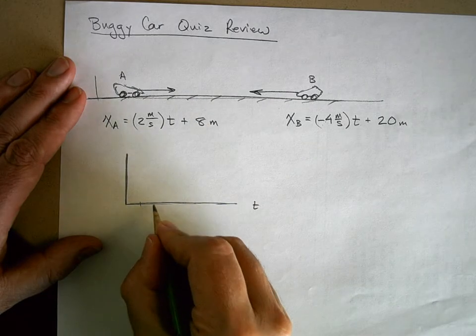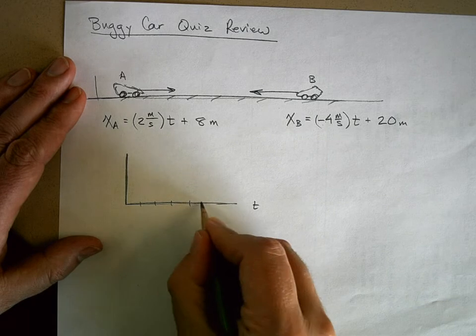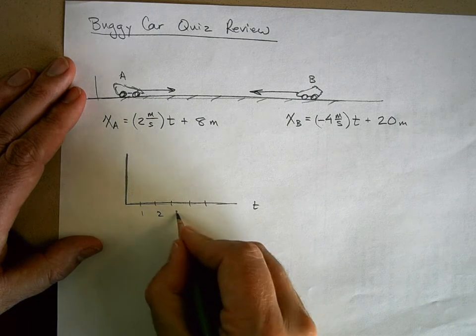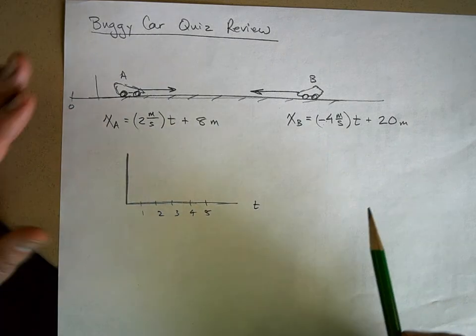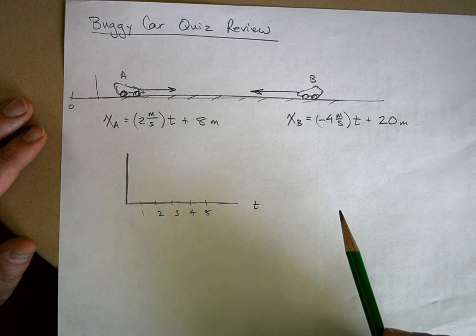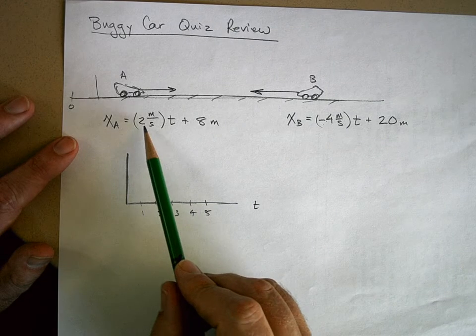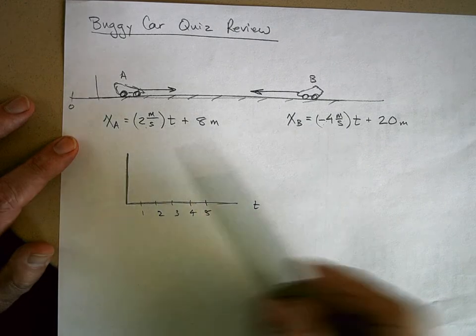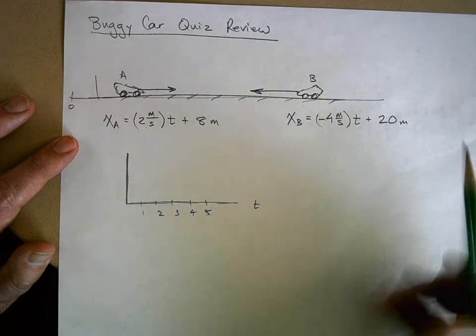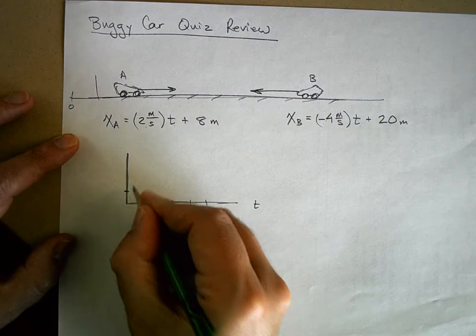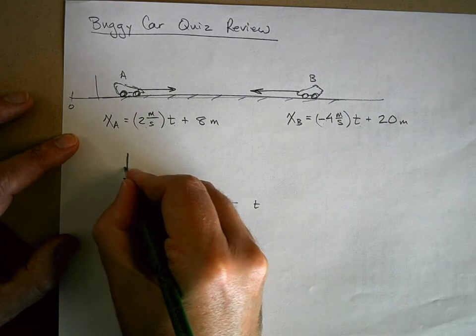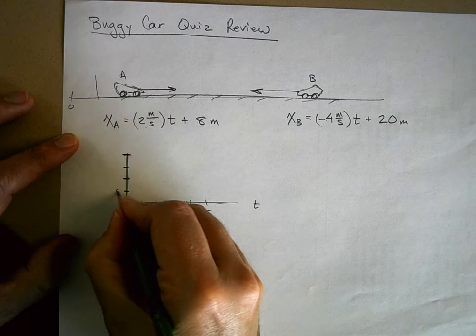And I'll just go 1, 2, 3, 4, 5 seconds. Now, at 5 seconds, this guy's going to be at 18 meters. At 0 seconds, this is at 20. So 20 is good enough. So 5, 10, 15, 20.